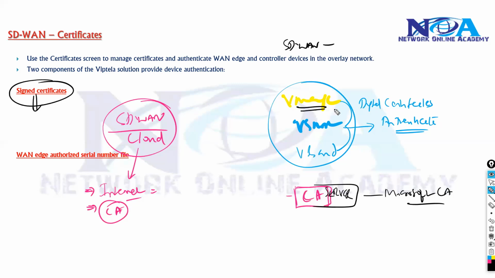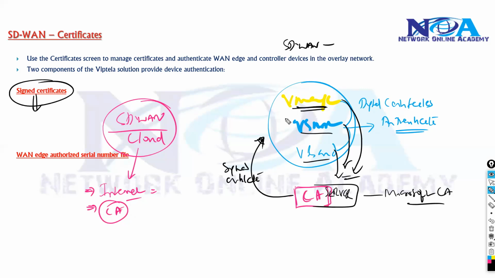Here, every device has to share its information with the CA, and the CA is going to send back a signed certificate, which is like proving their own identities, just like a stamp on their own certificate, saying that okay, these certificates belong to these users and they are trusted.